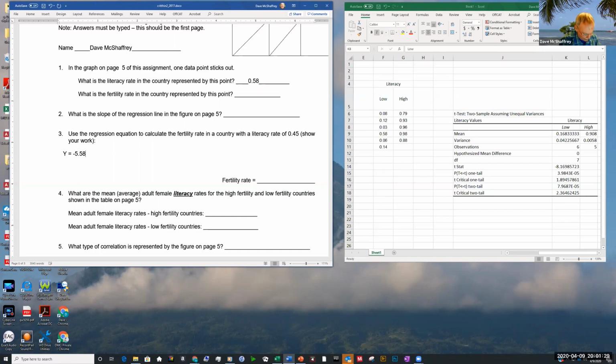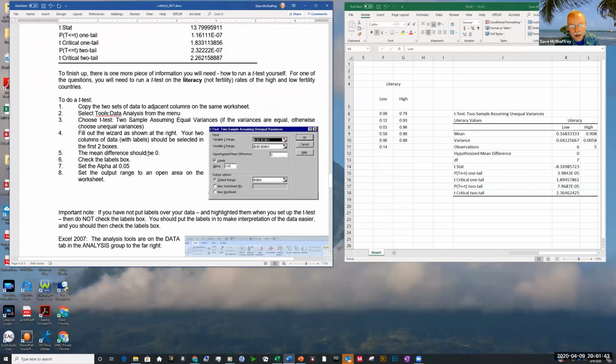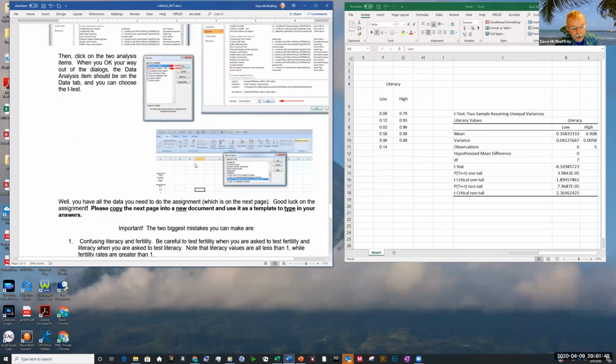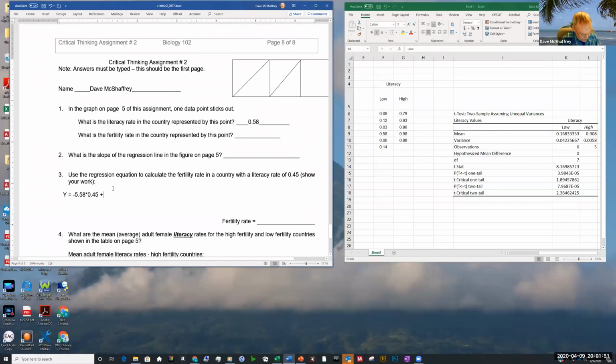Make sure I've got the right number there, times 0.45, which is our x, and then plus the part that came after that, the y-intercept, which would be 7.3454. You don't need to go crazy with the decimal points. Do the calculation, type it in down here, equals, and then type the answer back here.